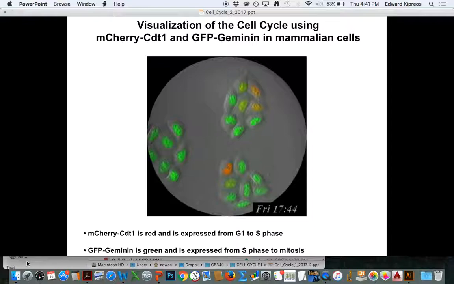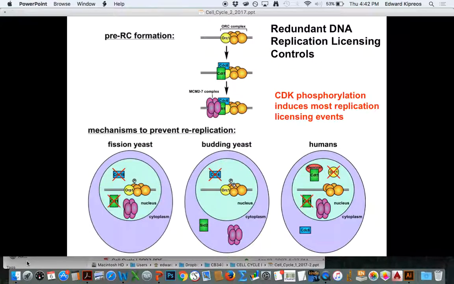Okay, so it turns out that you can use this system to figure out where you are in the cell cycle. All right, so this is the Fucci system created by Fujii in Japan, and what he did is he took CDT1, and remember in humans, CDT1 is degraded in S phase, and he fuses on an mCherry, which makes it red.